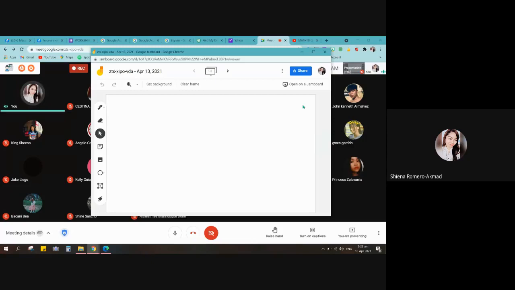Ayusin ko lang yung aking digital card para pag kailangan na natin magsulat. Ready na.